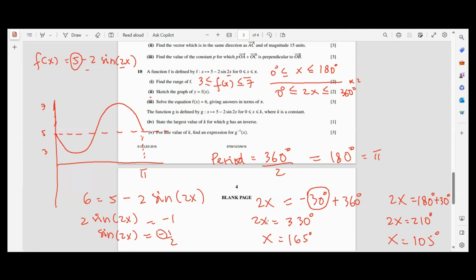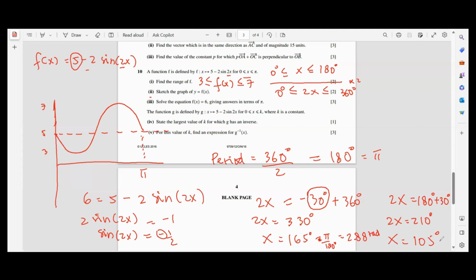Or we can change it into radian. We change it into radian by multiplying with pi over 180 degree. So 165 degree times that, first is 2.88 radian.